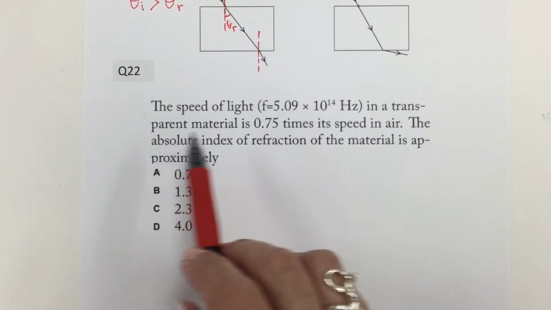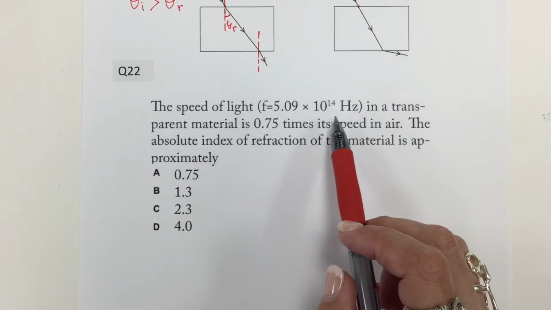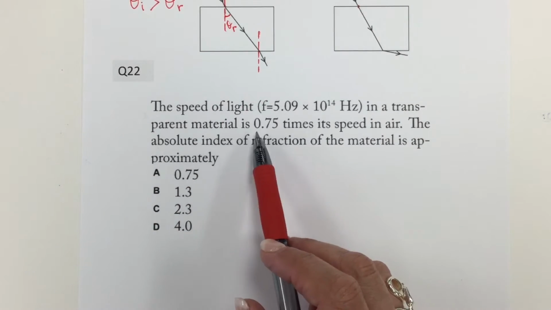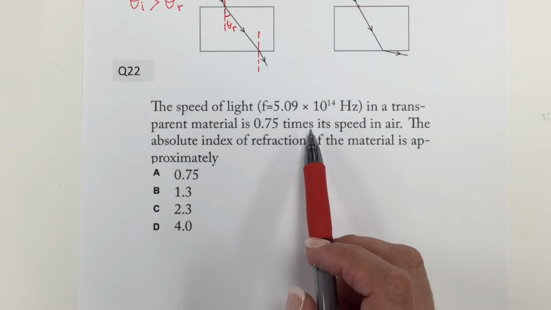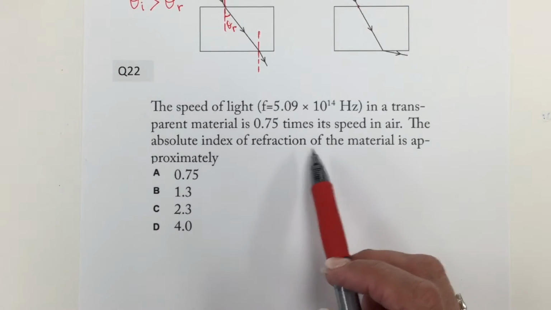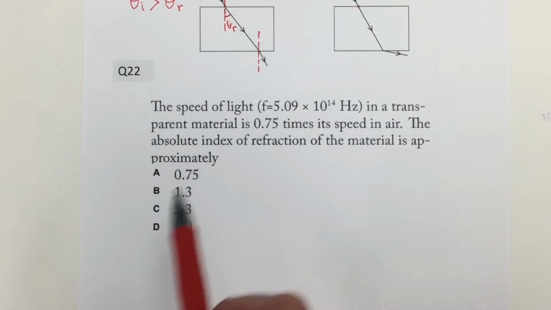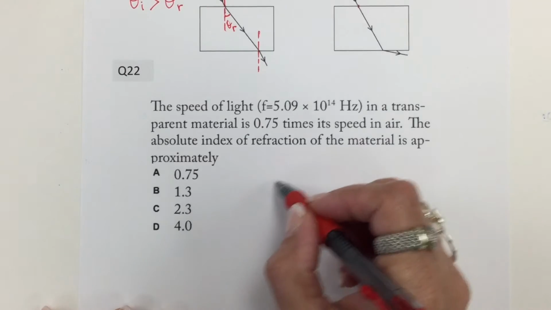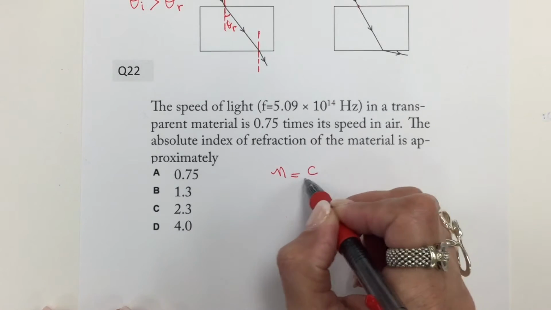Question 22. The speed of light with this frequency in a transparent material is 0.75 times its speed in the air. The absolute index of refraction of the material is approximately. So I'm going to use the formula here, n equals c over v.